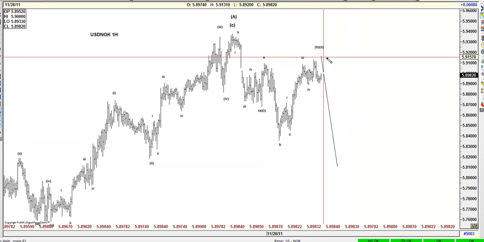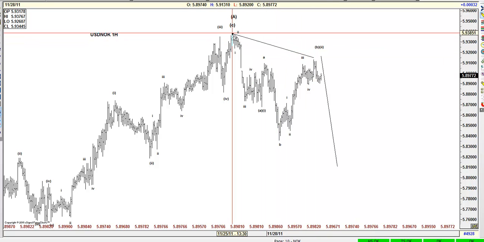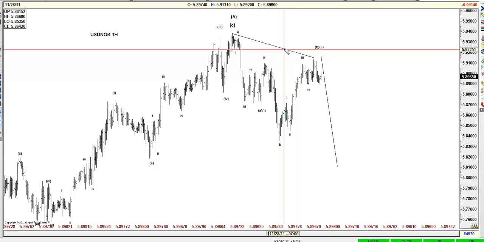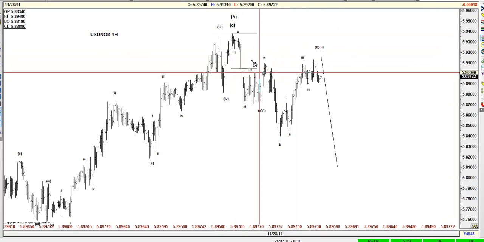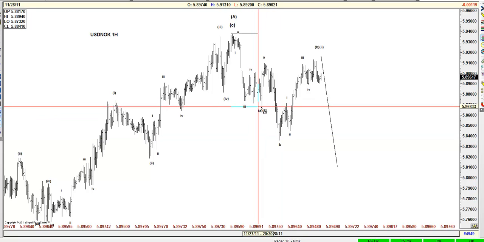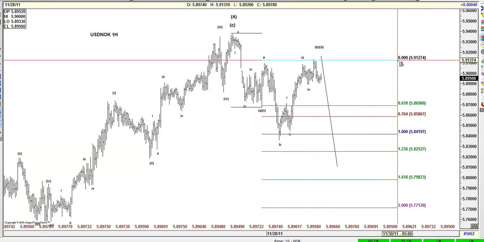This is a trade that we recommend to you guys, trading with this top of 593 against a current price of 593, with a possible target right here in the Norwegian krone, a possible target to minimum around, I would say, 579, 526.